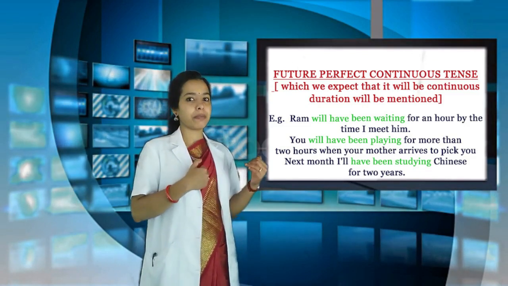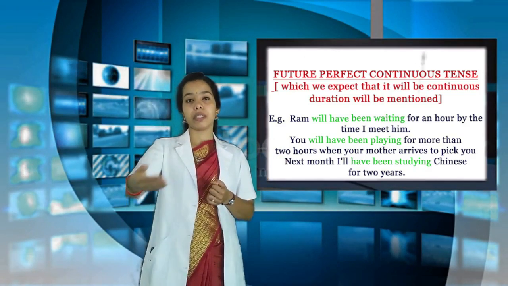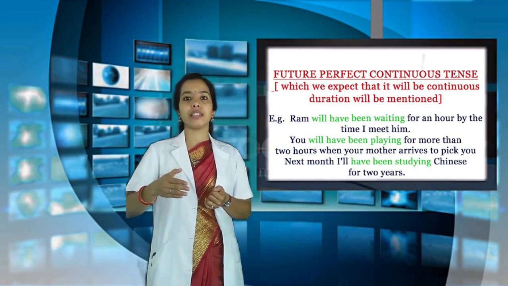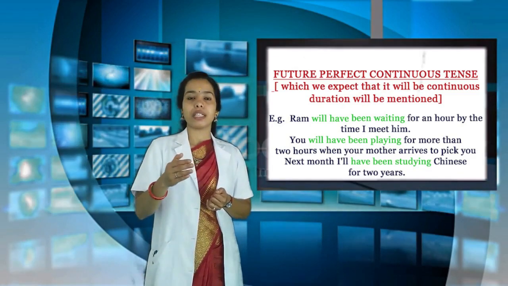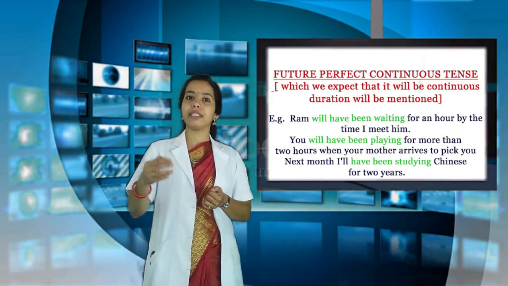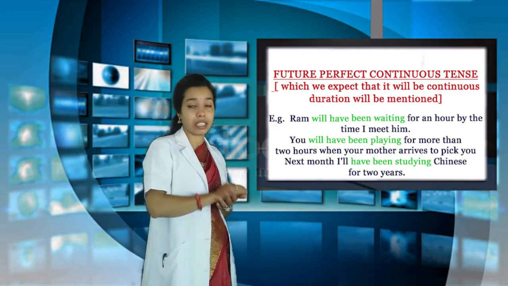Then, next month I will have been studying Chinese for 2 years. Next month is a future time, and if you are continuing your studies in Chinese, then you can say that I will have been studying Chinese for 2 years by next month. So this is future perfect continuous.